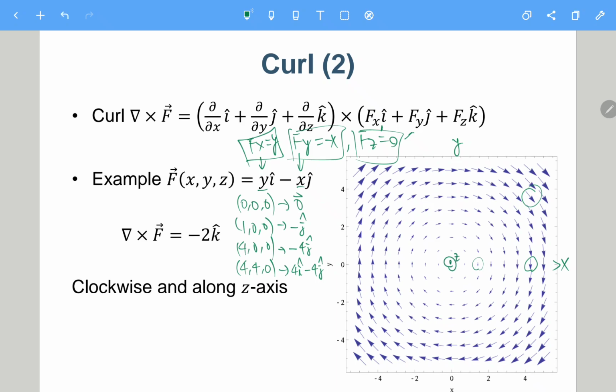This is the unit vector in the z-axis, so negative 2k is pointing into the page. So the curl of F is pointing into the page. Using the right-hand rule, you use your thumb pointing into the page, and your fingers will follow the direction of the vector field. That's the idea.